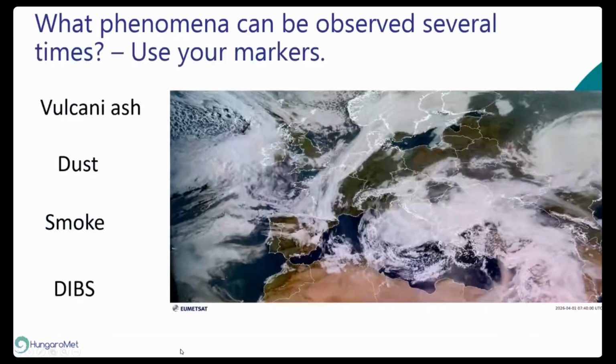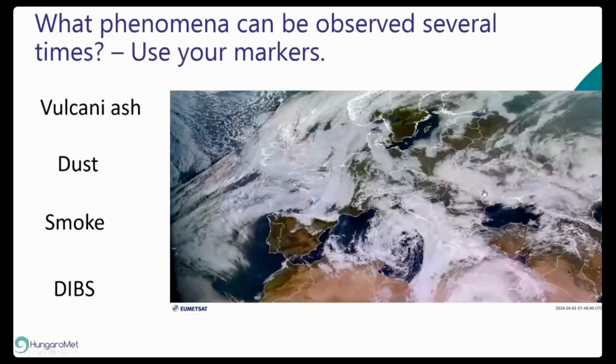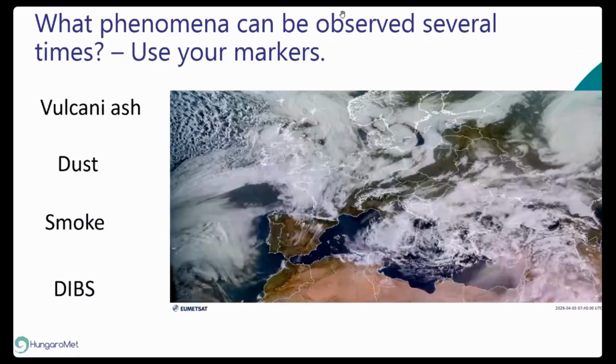So if I move on to the next slide, you will be able to see the loop again, and also you will be able to annotate and mark which of the phenomena you think we can see several times.